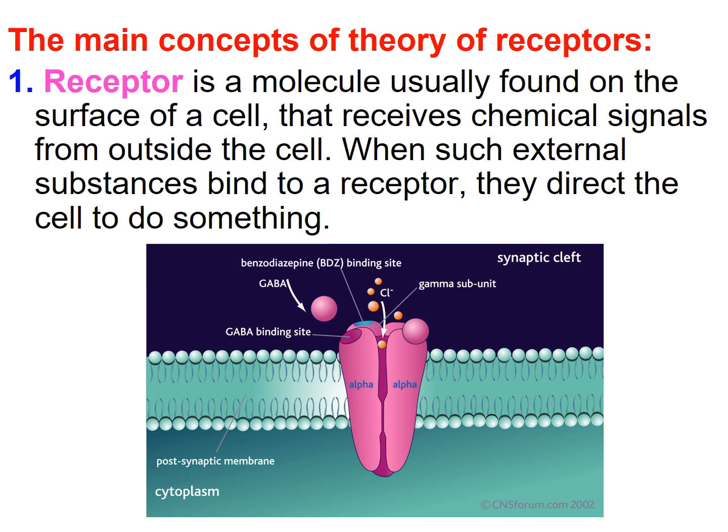So, as I told you before, one of the main targets in our body, which is responsible for the development of pharmacological actions of the drugs, are receptors. A receptor is a small protein molecule, usually found on the surface of the cell, and this molecule receives chemical signals from the extracellular space.